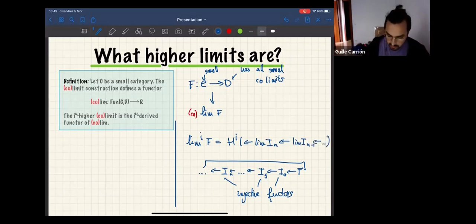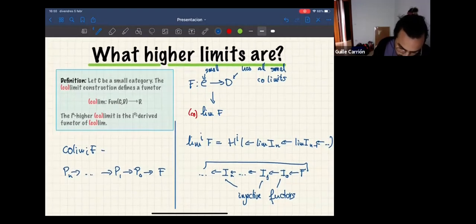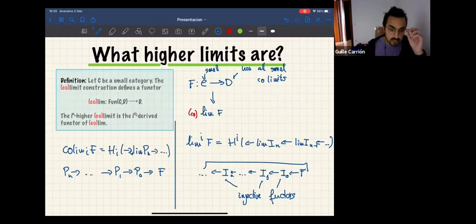And dually, if we want to compute the higher colimit, now we have to construct a projective resolution of F: P0, P1, and so on, Pn, and the higher colimit is just the homology of this chain complex.